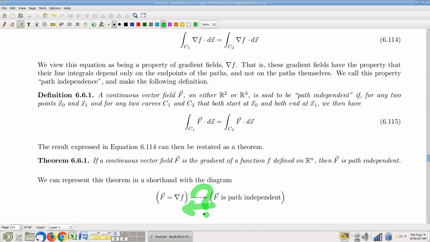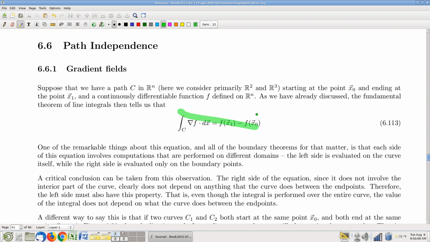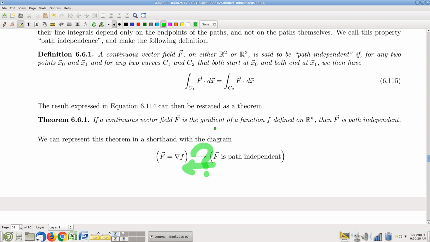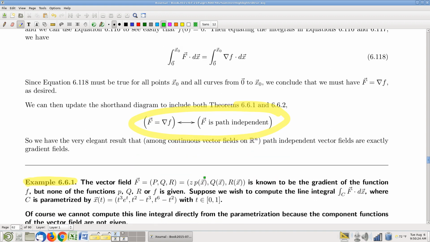Maybe there are some other vector fields which, for completely different reasons, are not gradients, so we're not going to cite the fundamental theorem of line integrals, but maybe for some other reason that I haven't thought of yet, they happen to be path independent. We don't have time to go through the argument as to why, but it turns out the answer is that there are no other such vector fields.